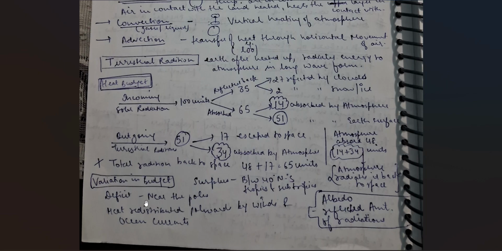So that is deficit. So this could be seen near the poles. तो हीट रिडिस्ट्रीब्यूशन पोलवर्ड्स, अब कैसे होता है ये, अब अगर यहाँ पे एक जगह सरप्लस है, एक जगह डेफिशिट है, तो हमको एक नॉर्मलाइज तो करना पड़ेगा, तो सरप्लस से डेफिशिट में भेजेंगे. तो यहाँ पे ही हीट रिडिस्ट्रीब्यूशन का काम आता है, जो कहाँ पे होता है, पोल्स की तरफ, क्योंकि वहाँ पे डेफिशिट है, by winds and ocean currents.